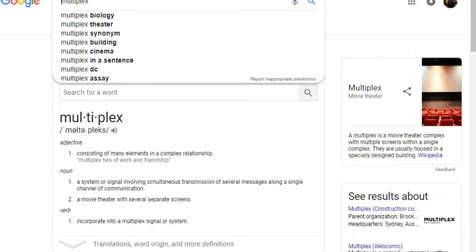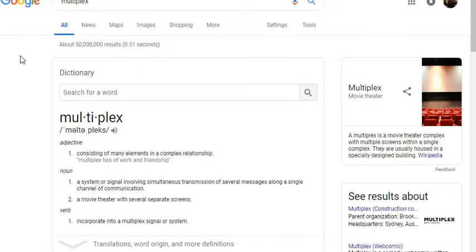Now, a little bit of maybe an anachronism here for us. A multiplex used to be the name that they would call theaters with a lot of different little theaters in there. So theaters 1 through 12. I think Showcase had 1 through 30 for a while, but it's called a multiplex.